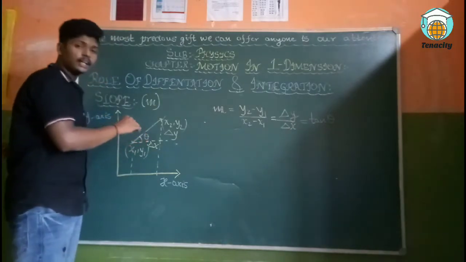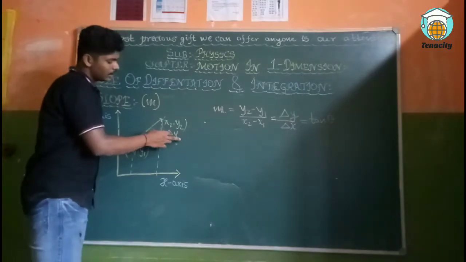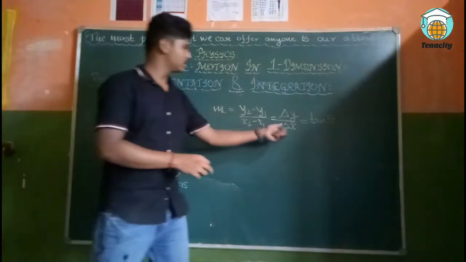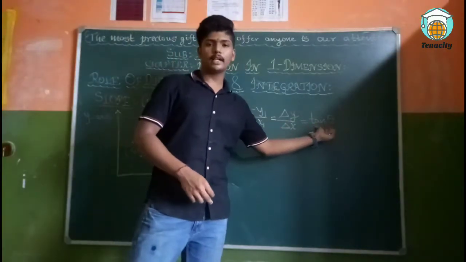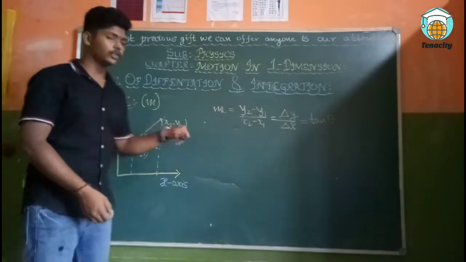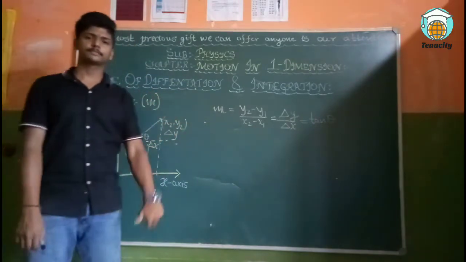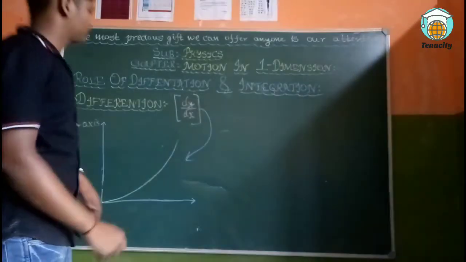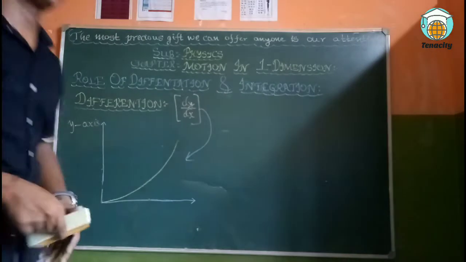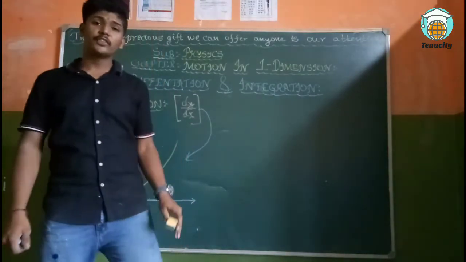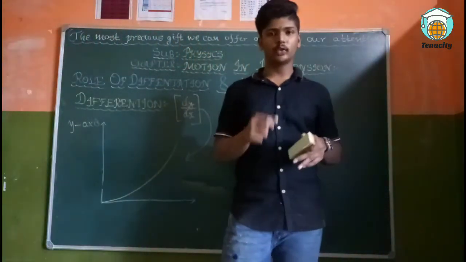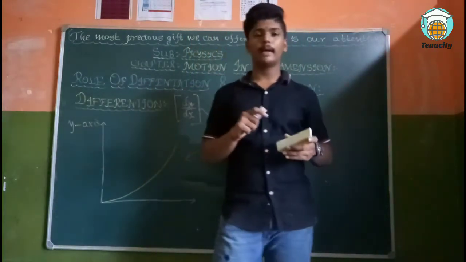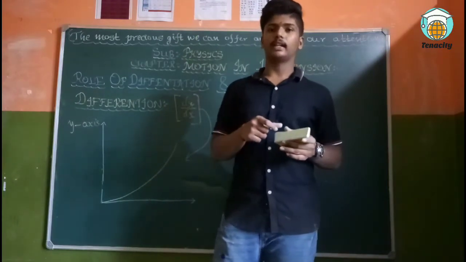Tan theta is defined as opposite by adjacent, so delta y by delta x. So slope can be written as tan theta. This is the concept of slope. We have studied the slope of a line joining two points, and we can calculate it using the formula delta y by delta x or tan theta.